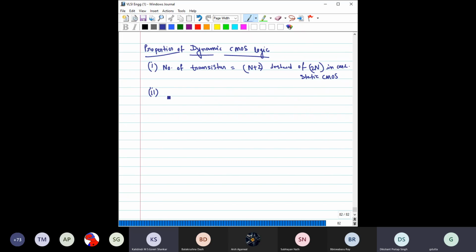The second one, okay. Please tell me, this dynamic logic is a ratioed logic or it is a ratioless logic? Let's see who has remembered the ratioed logic and non-ratioed logic and can explain it.